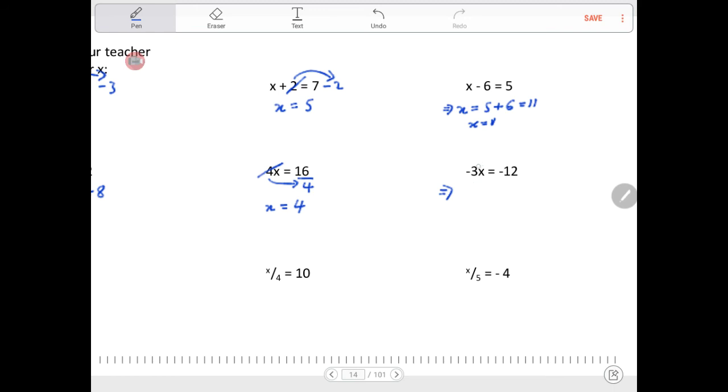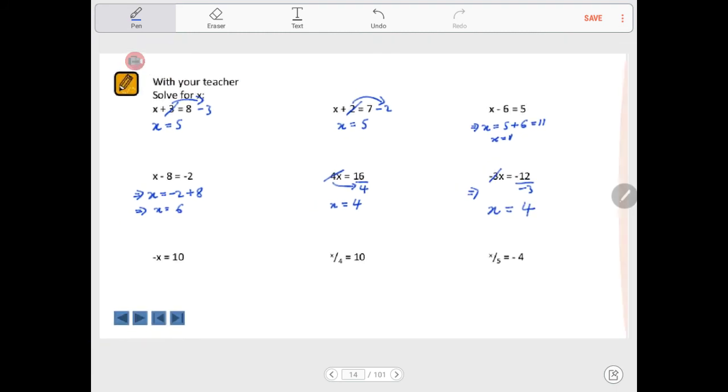So that -3 is going to go over the other side and it's going to divide. And it doesn't become a positive when it goes over. So x equals -12 over -3. Well, 12 over 3 is 4. Negative over negative makes positive. So positive 4. So that can be tricky to remember that, oh, that's a -3, but it doesn't plus on the other side. Okay, so we'll need to practice this one.